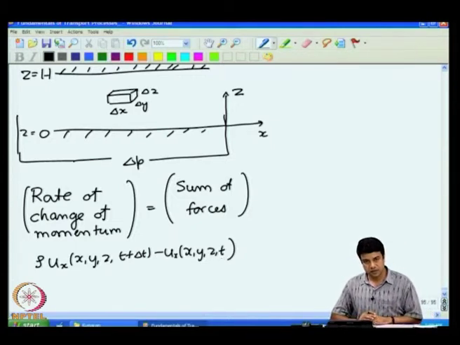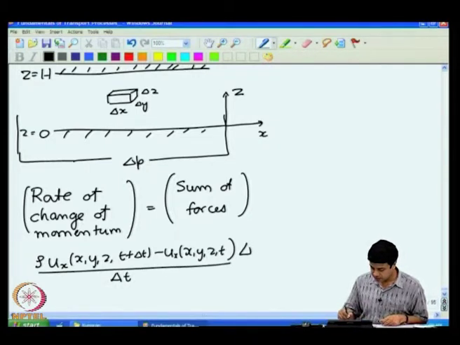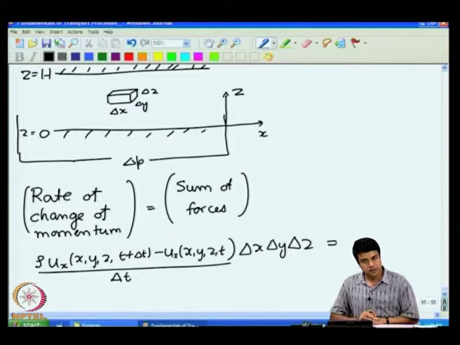This is the momentum per unit volume, and therefore, I have to multiply this by the volume. So, the change in momentum per unit time multiplied by the volume is equal to the sum of forces. Now, what are the forces that are acting on the fluid?